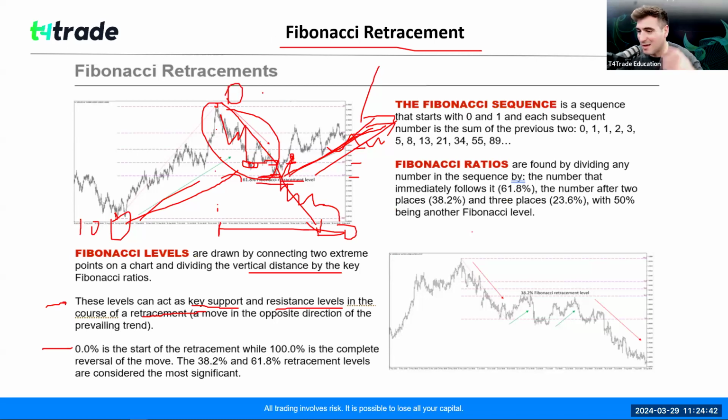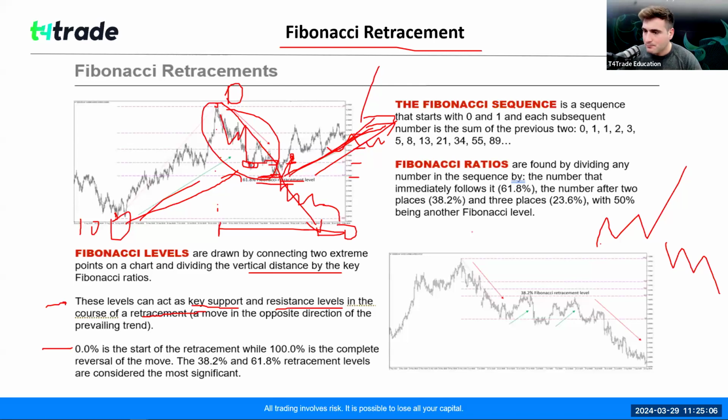If you understand the concept, no matter which is 0 and which is 100, nobody cares. What we care about is the retracement levels. It's not only about upward moving trends. It can also be applied on downward moving trends. It's the complete opposite, same philosophy.